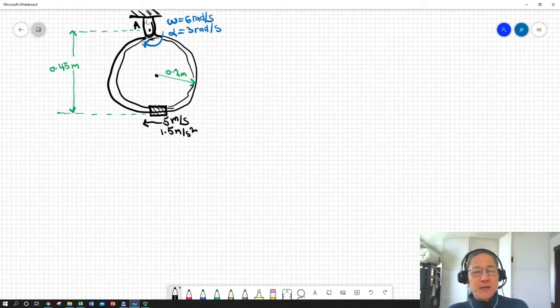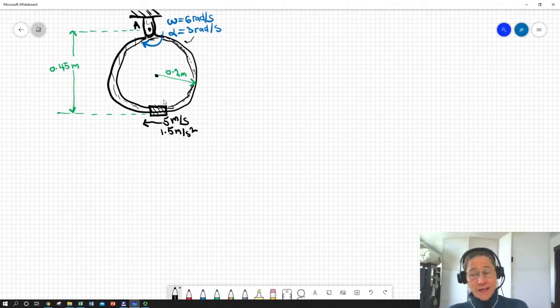Suspended from that hinge, we've got a solid hoop. This is all one rigid hoop with an average total diameter of 0.2 meters. And that hoop is itself rotating, kind of swaying in one direction. It's rotating about point A with a given angular velocity and acceleration.